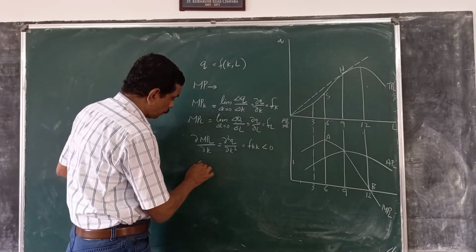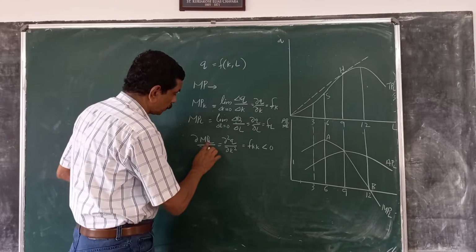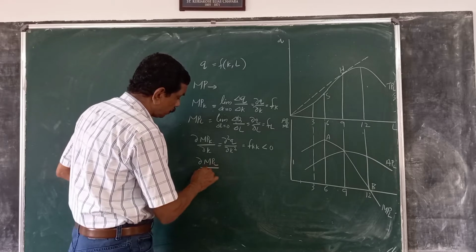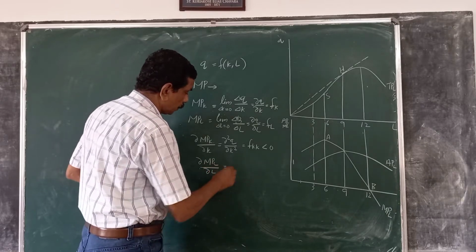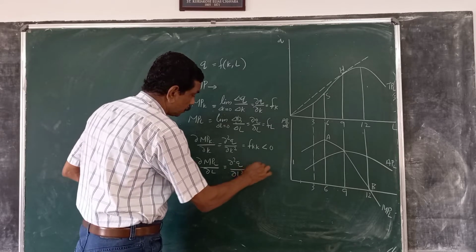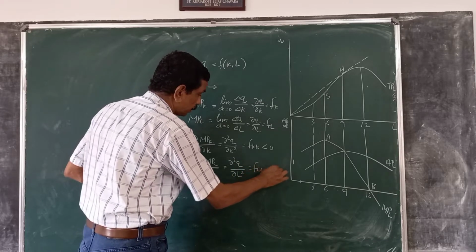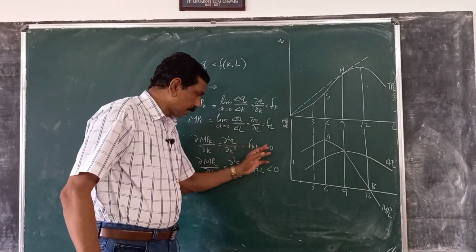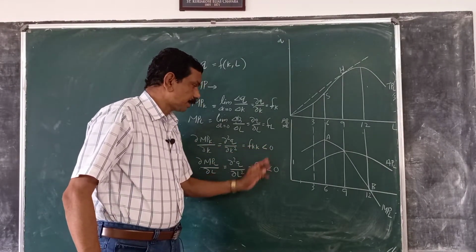Similarly, dou MPL by dou L is equal to dou square Q by dou L square, which is equal to FLL less than 0. That is, the second derivative is negative.